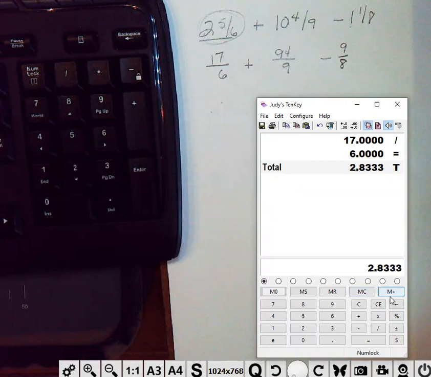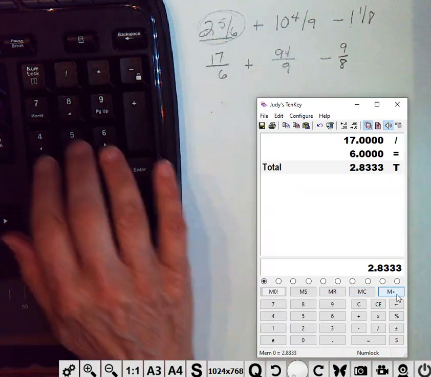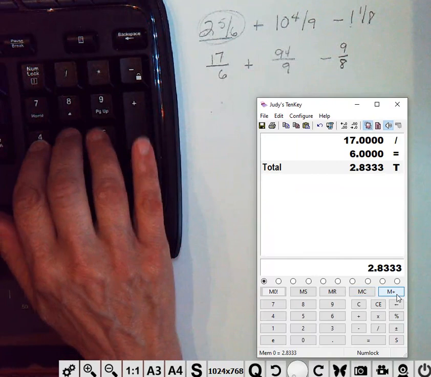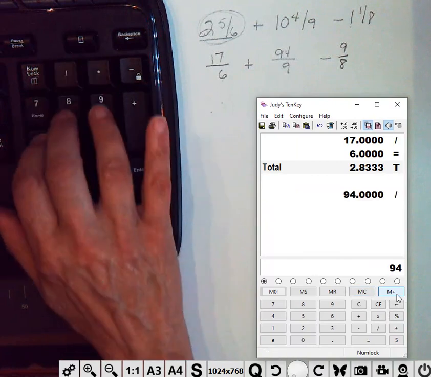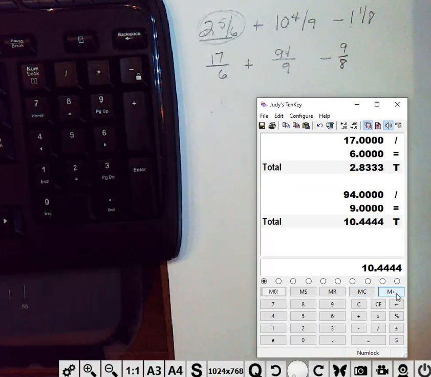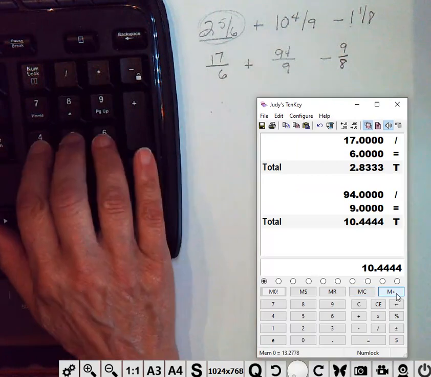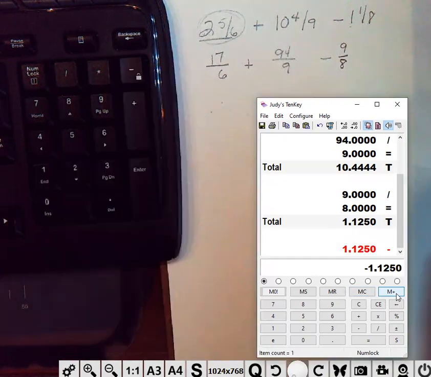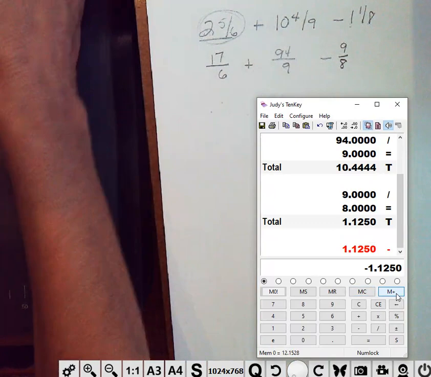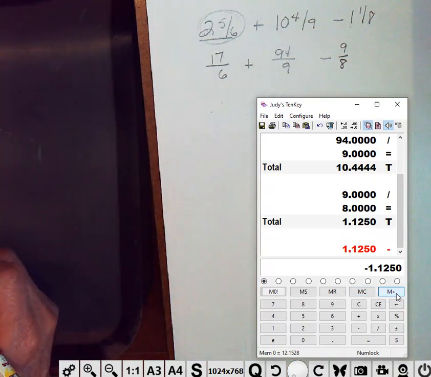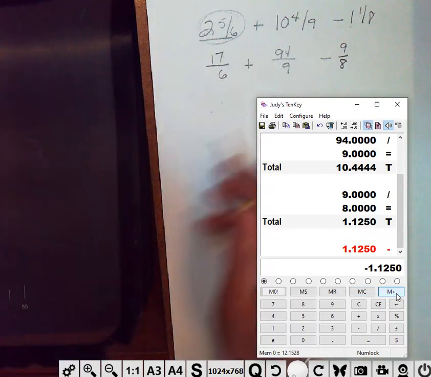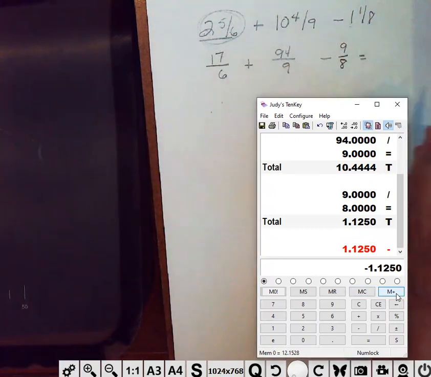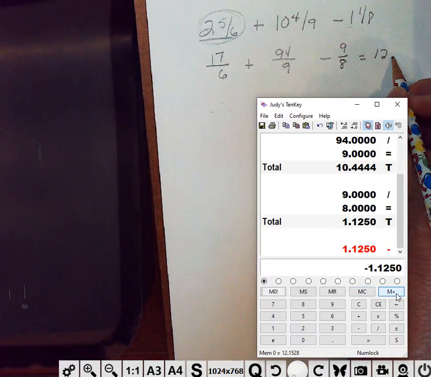Put it into memory. 94 divided by 9. Put it into memory. 9 divided by 8, but make it a negative and put that into memory. And my answer is 12.1528.